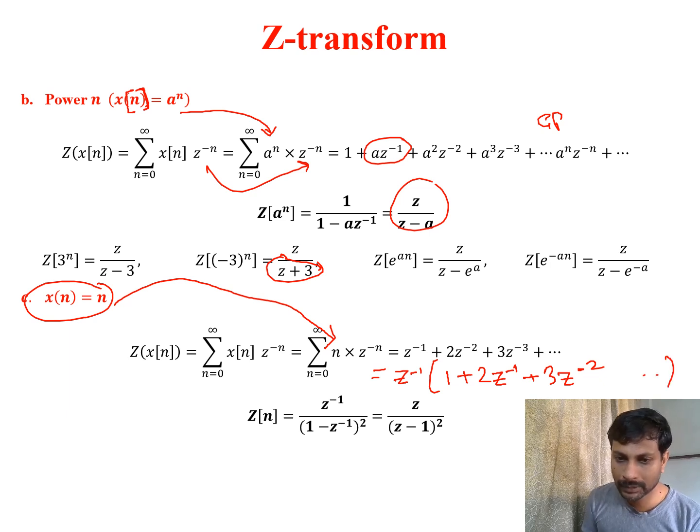That means we can replace n equal to 1, n equal to 2, and so on. So this is not matching, and we have to find the common term. What is the common term?